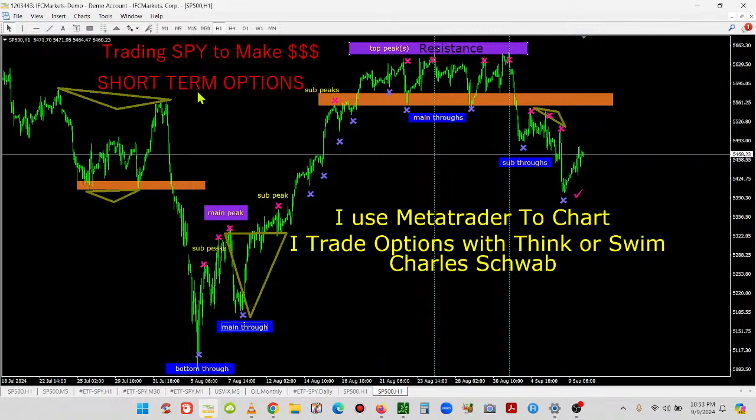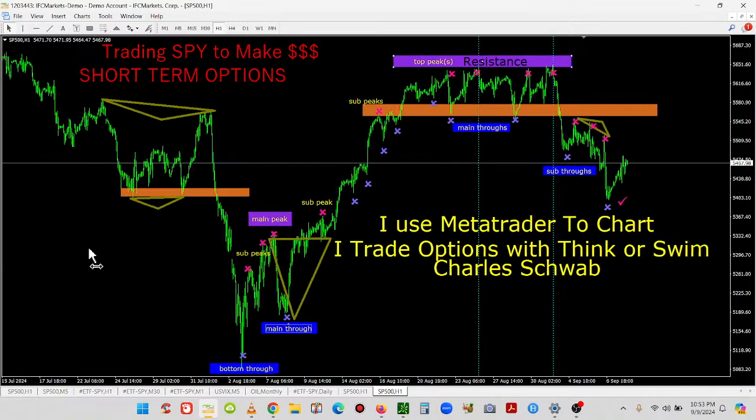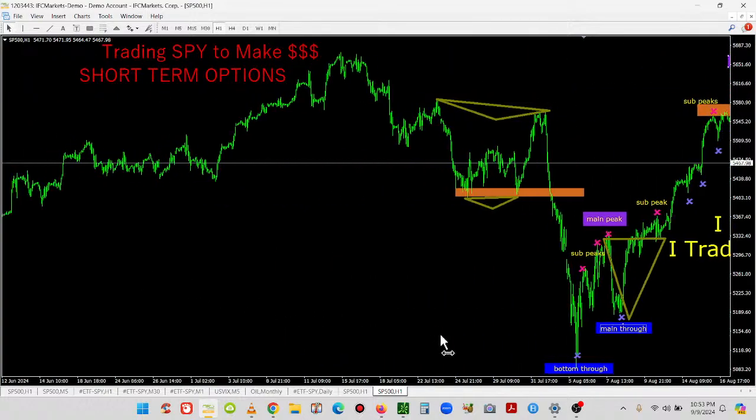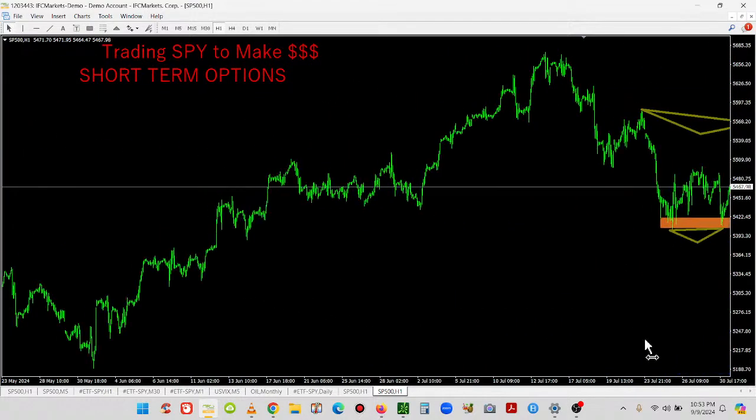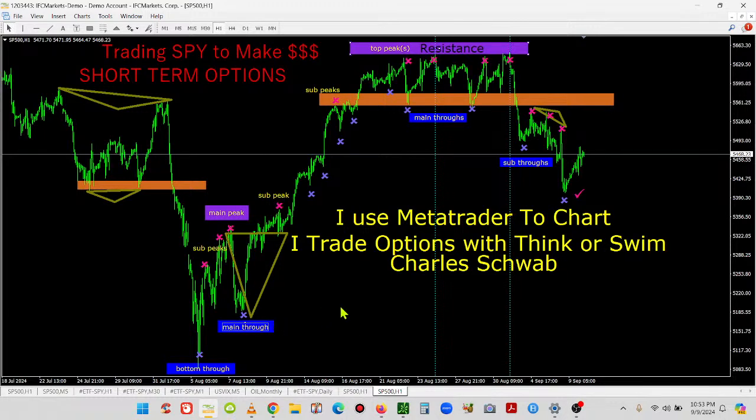But if you're trading short-term options, you're going to be looking at shorter-term time frames, so this is considered a longer-term time frame. Lots of crazy stuff can happen in patterns. They're not always the same. But you have to be aware of resistance, and you have to be aware of support.